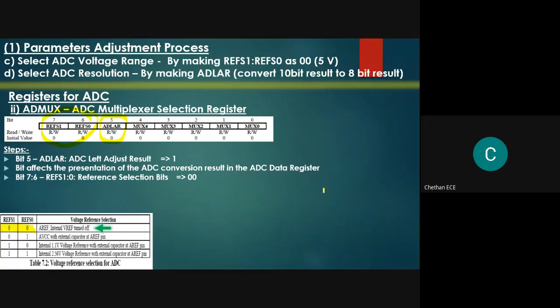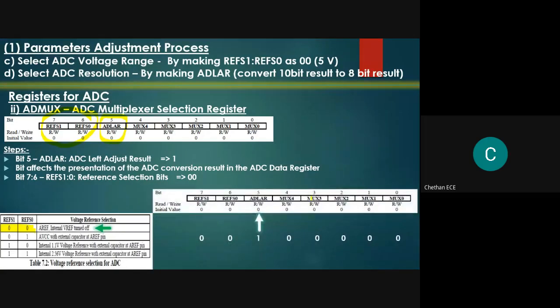Therefore, we have a question here. I have to make ADLAR as 1, REFS1 and REFS0 as 0, 0. What is the hexadecimal equivalent I have to push to this particular register?